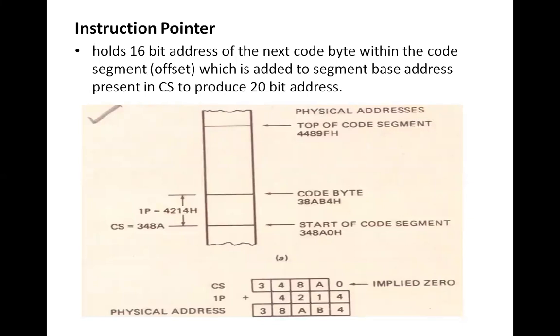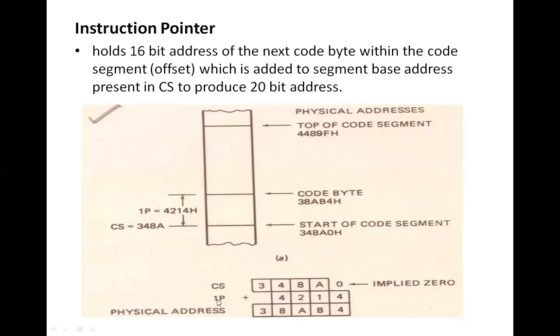In a very similar fashion, the content of the instruction pointer is incremented by 1 for further proceeding. Now see, the example is here. The start of the code segment is 348A, and whatever is the content of the code segment register is shifted 4 bits, so a 0 is implied here.